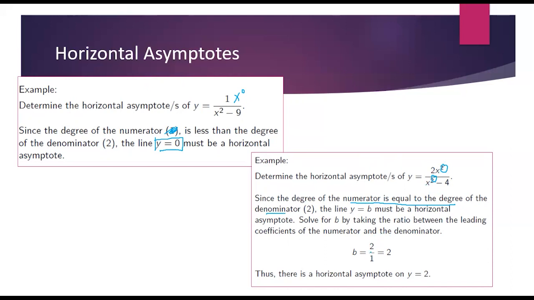So you have 2 over 1, and your b here is equal to 2. Thus, the horizontal asymptote is at y is equal to 2.